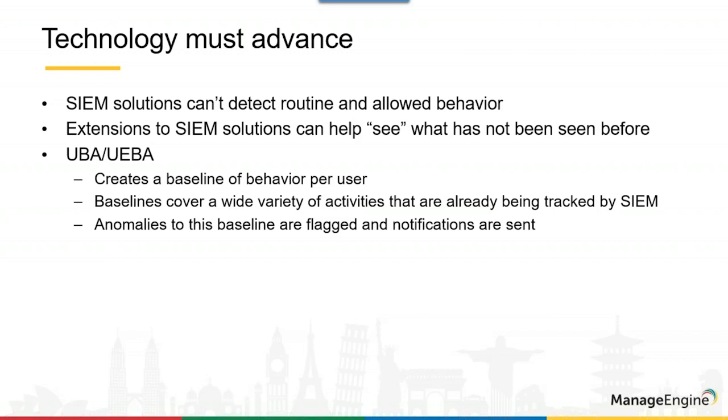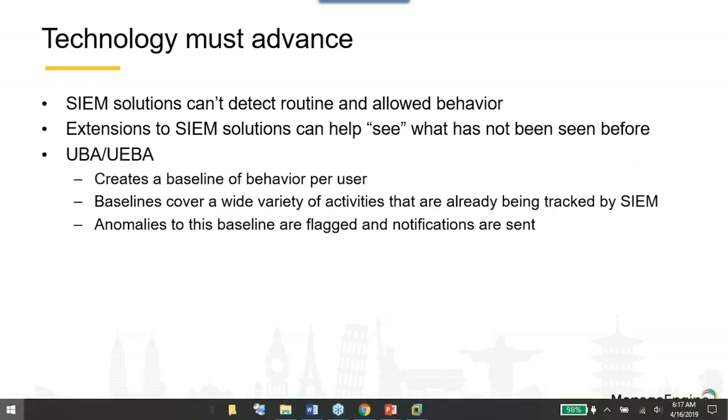So what we have now for your SIEM solution is a new technology called User Behavior Analytics, also referred to as User and Entity Behavior Analytics. Now, what this technology does is it creates a baseline of behavior per user.